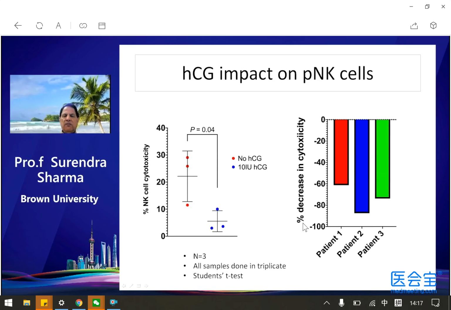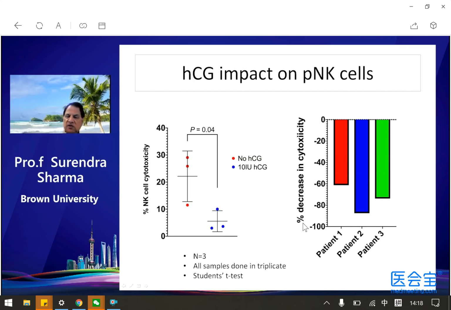We repeated the NK cell cytotoxicity assay on K562 cells. These are NK cells from non-pregnant women, and you can see much higher cytotoxicity in these NK cells, whereas that could be inhibited by 10 international units of recombinant HCG.